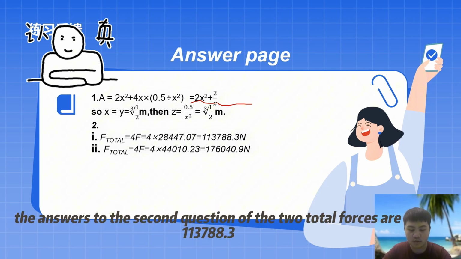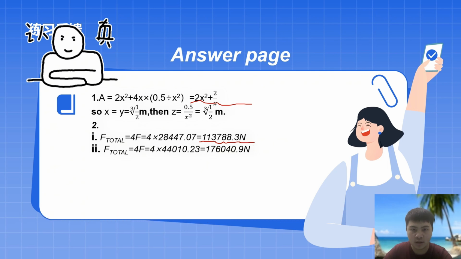The answers to the second question, the two total forces, are 113,788.3 and 176,040.9.